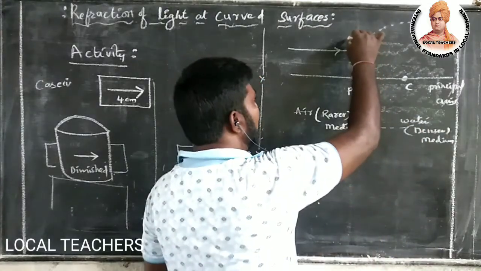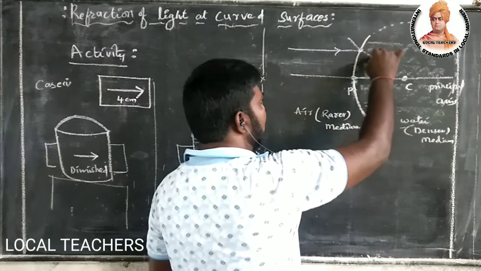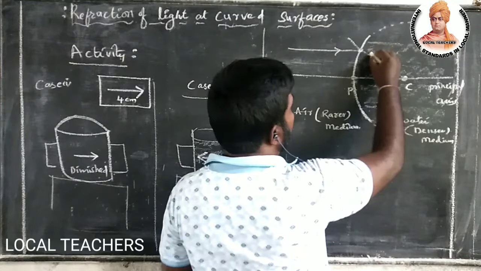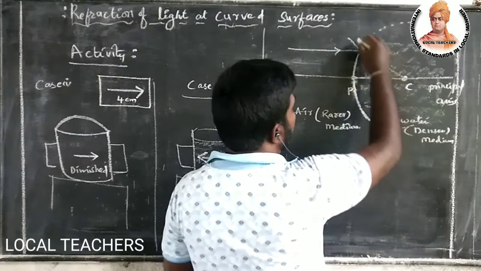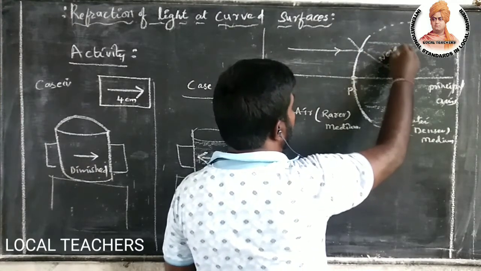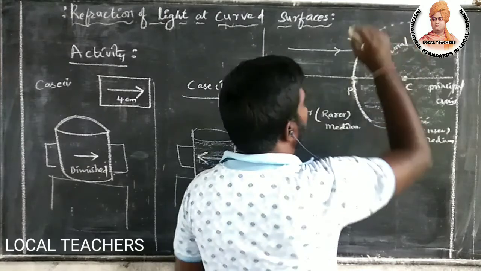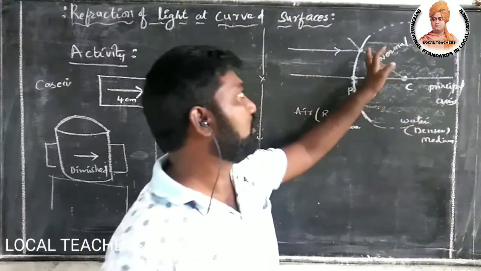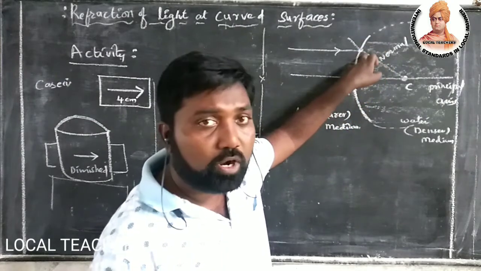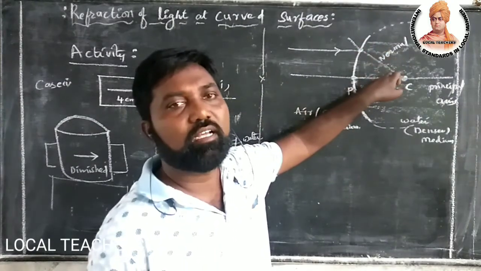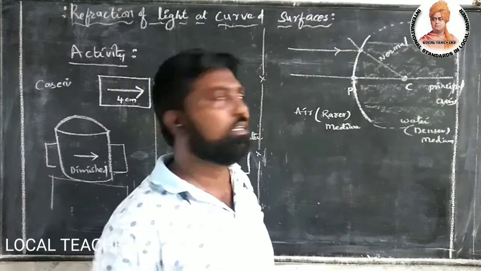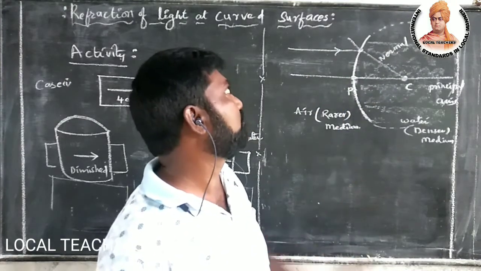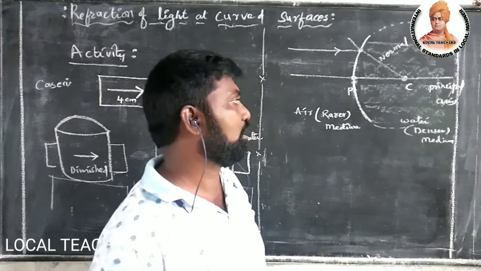Just draw a line from the incident point to the center of curvature. This line represents the normal for that incident ray. So these are some points regarding this topic.